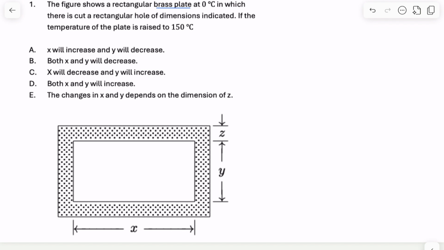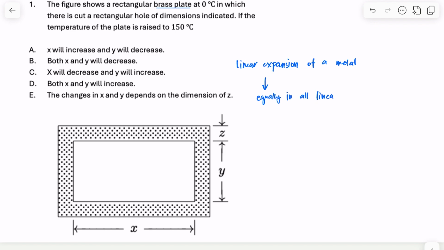Another thing that I want you to recall is the linear expansion, because this will be a case of expansion because there is an increase in temperature of a metal. It happens equally in all linear dimensions.